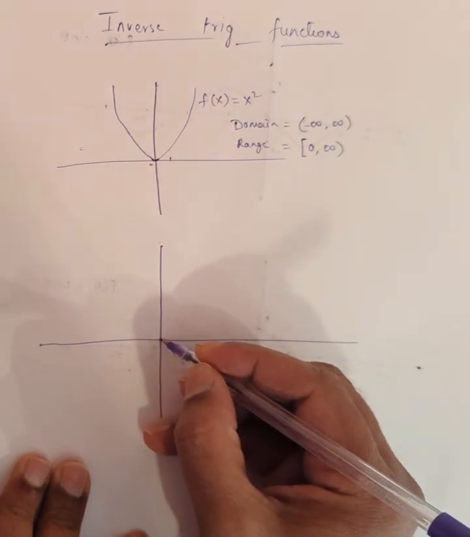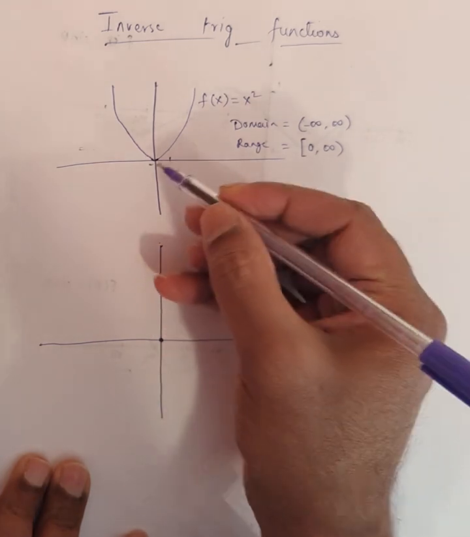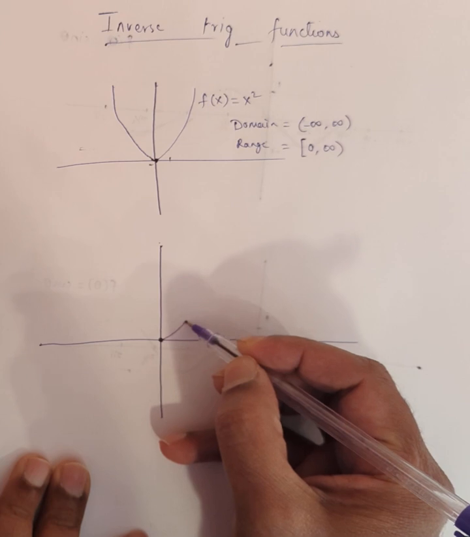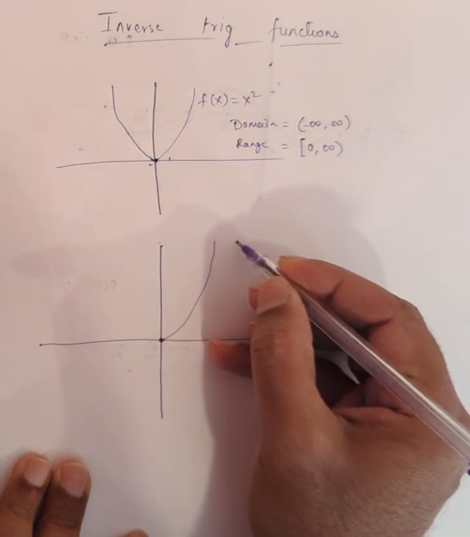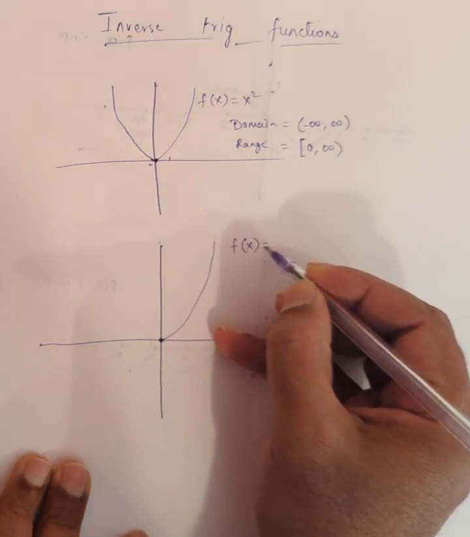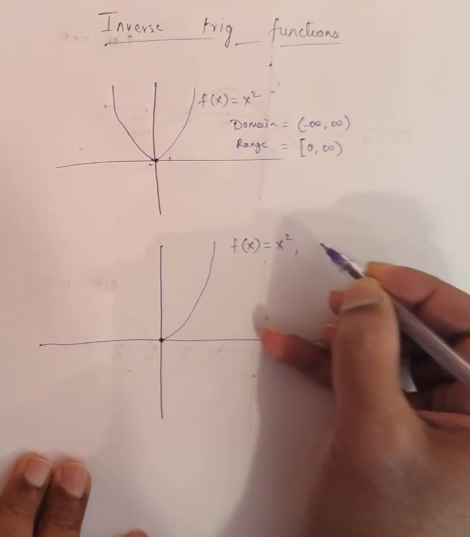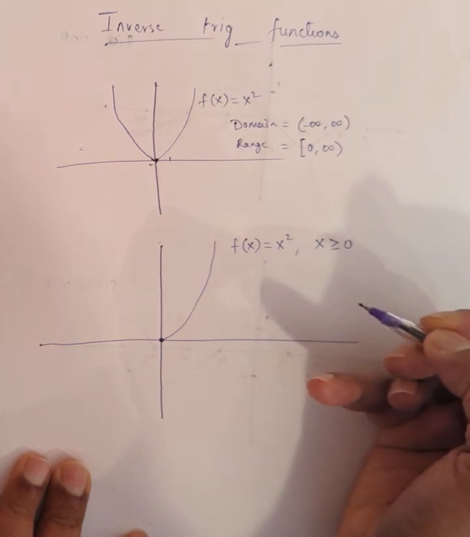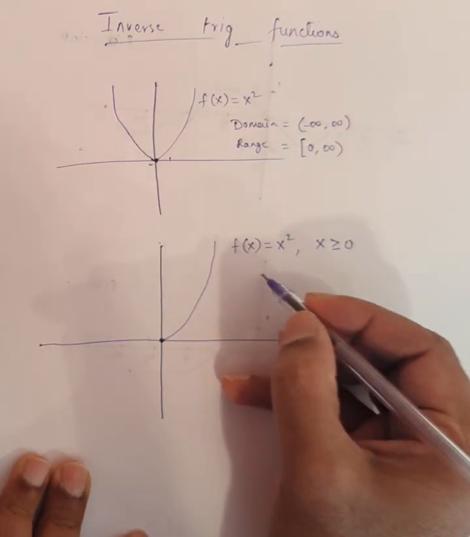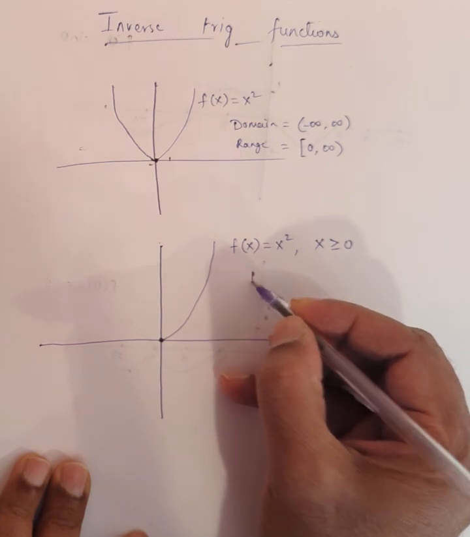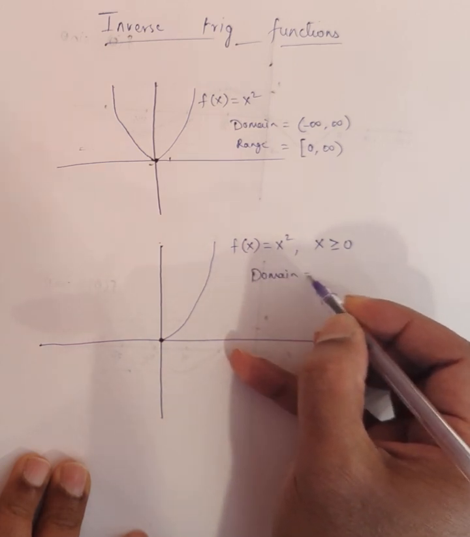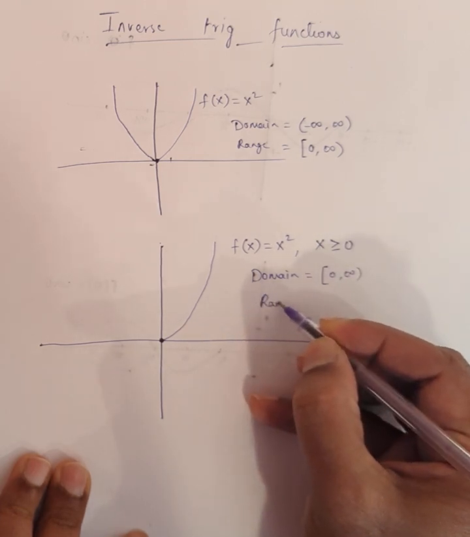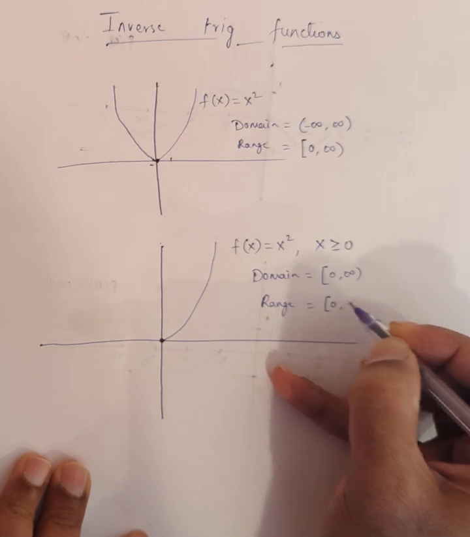So if I just pick the origin and to the right, then this function is f of x equals x square, but with domain x greater than or equal to 0. So its domain is only from 0 to infinity, and its range is also 0 to infinity.